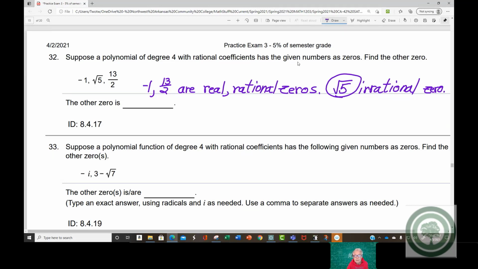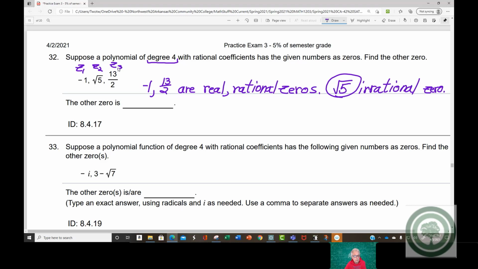That's what they're asking you for here. There's a degree 4 polynomial. And you've got 3 zeros here, Z1, Z2, and Z3.